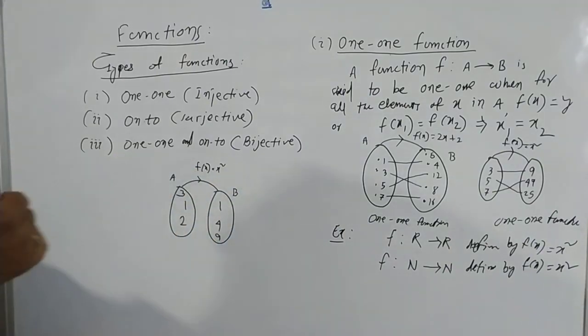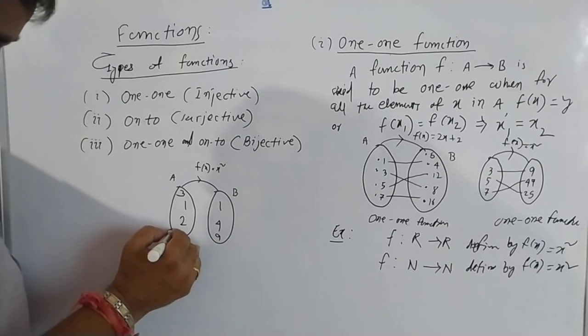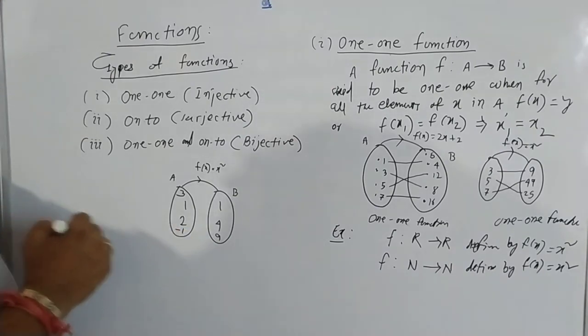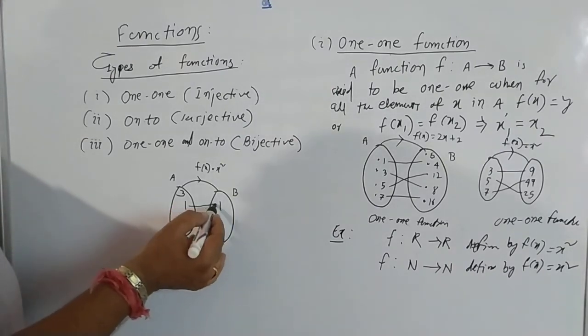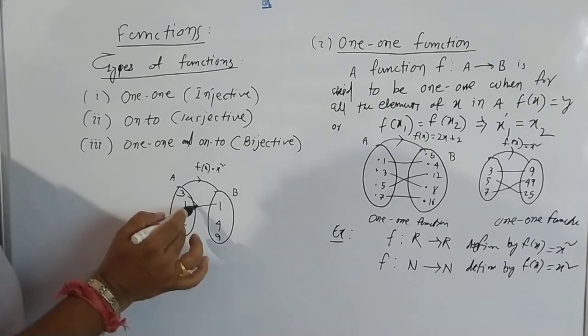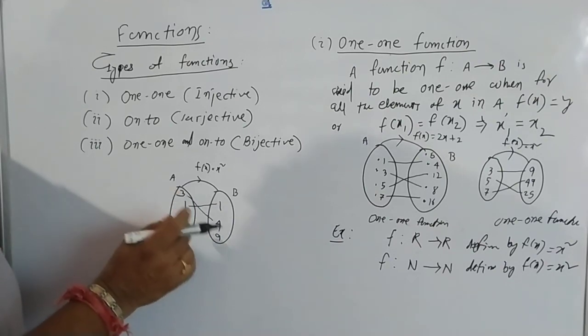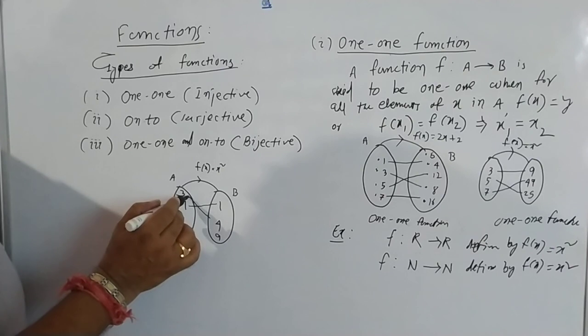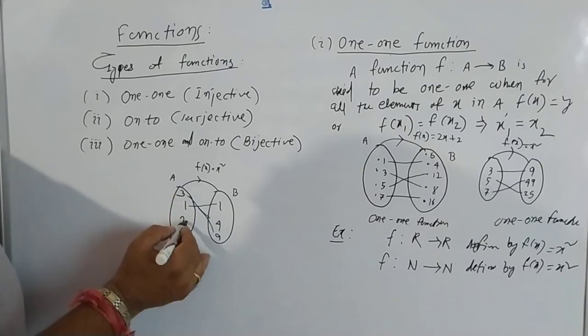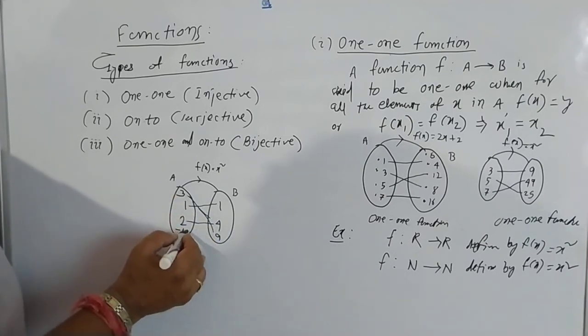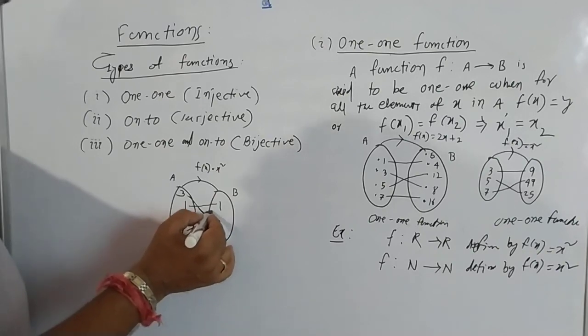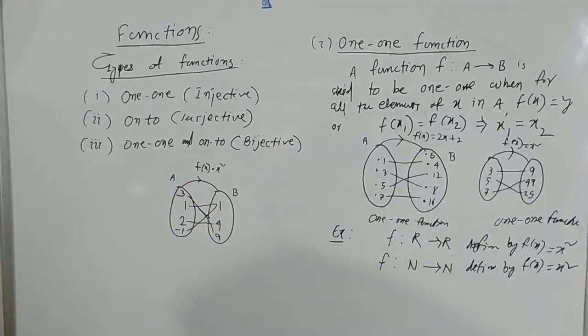If it is written minus 1, then relate the corresponding elements. This is 9, 2 to 4, and minus 1 to 1.